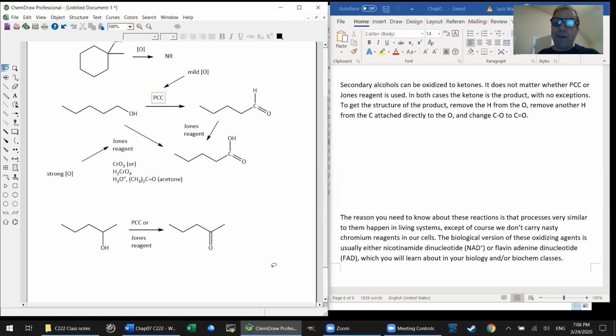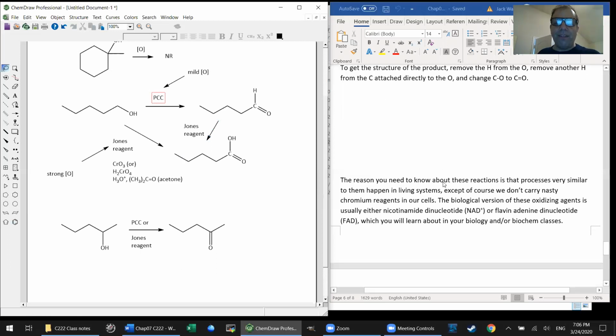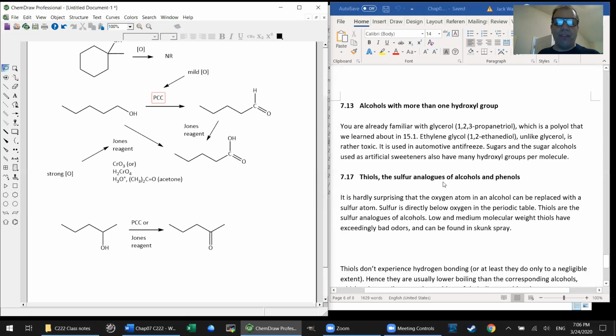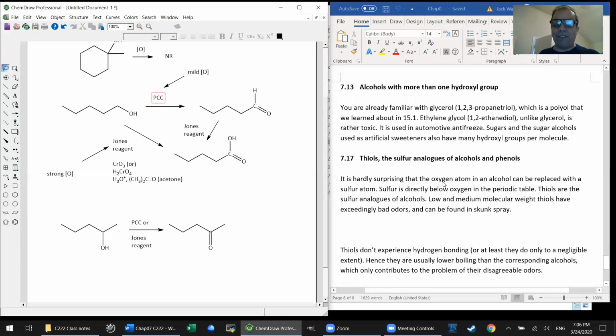So we have other biological versions of those compounds that do these oxidations for us. Even in high school biology, you might have learned about NAD+ and FAD. They basically do the same thing for us that PCC or Jones reagent would do. So I'll just leave that there as something that you'll no doubt cover in your biology classes.